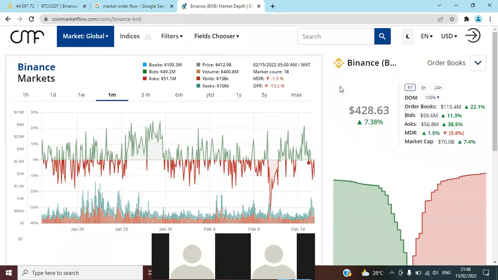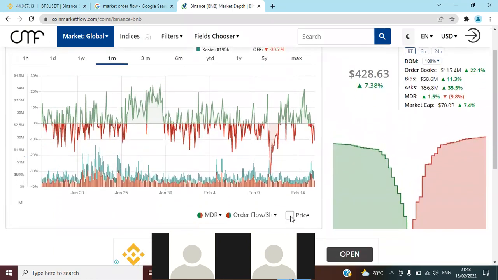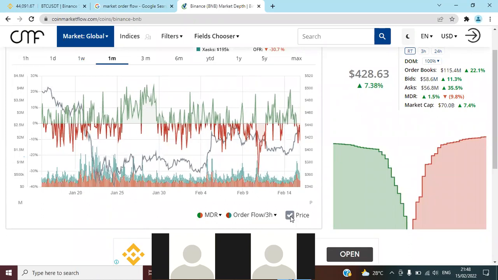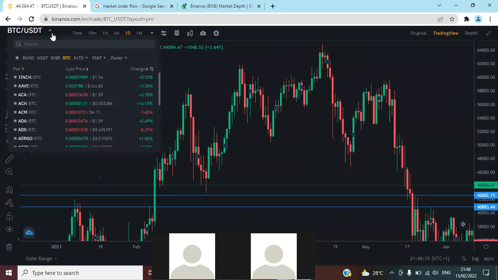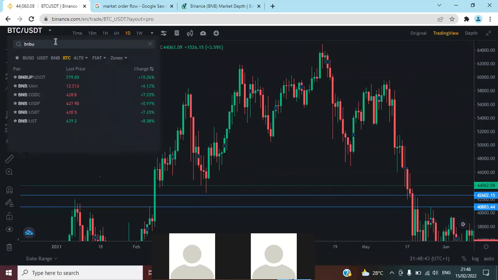Then when you choose that, you click here and tick this box. That's the price. You go here, go to your charts, put this on BNB USDT.